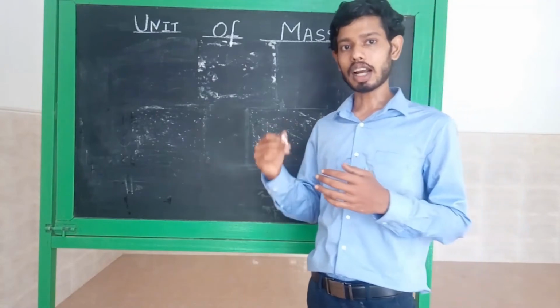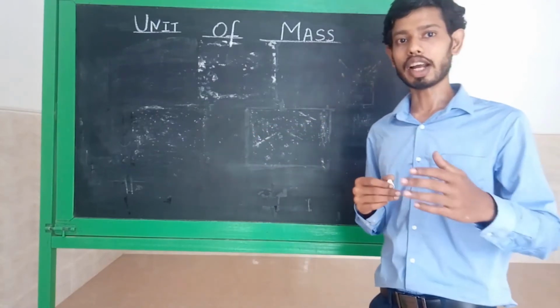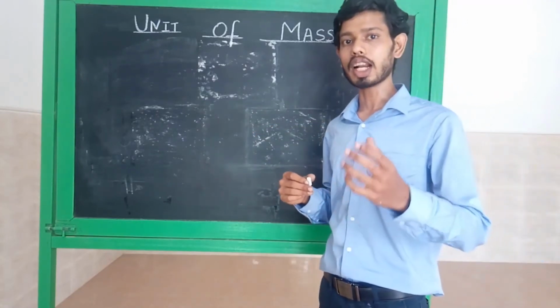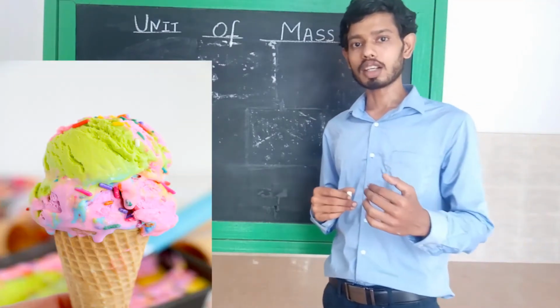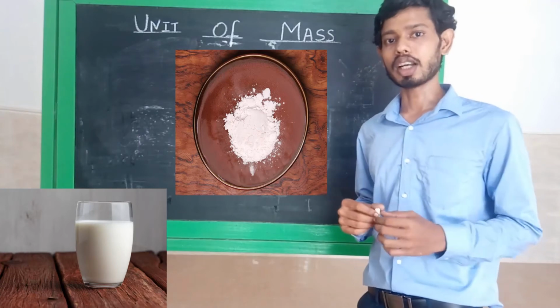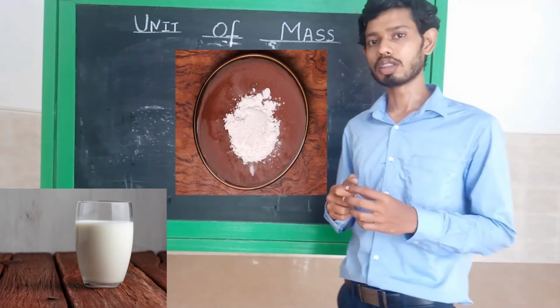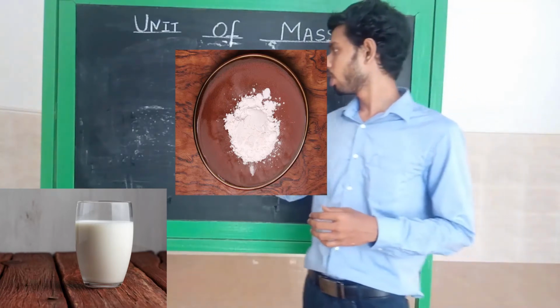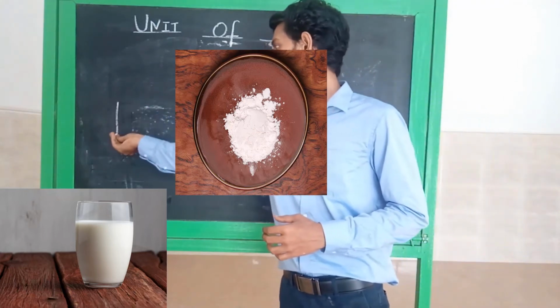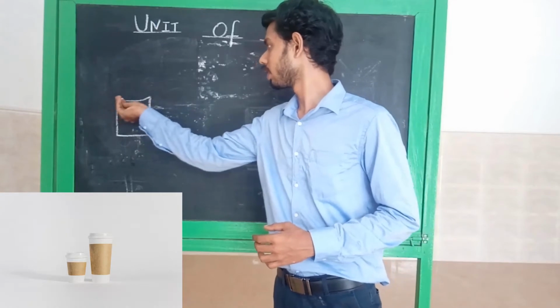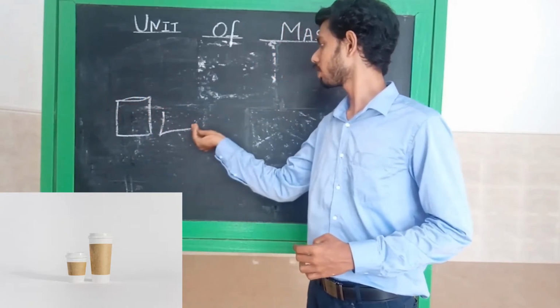Let us consider that we are going to make an ice cream. For that, we all should take a cup of milk and a cup of ice cream powder. So, everyone will have a different size of cup. Someone will take a bigger cup and someone will take a smaller cup.